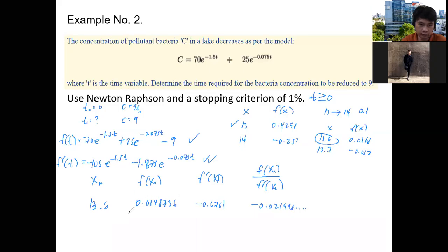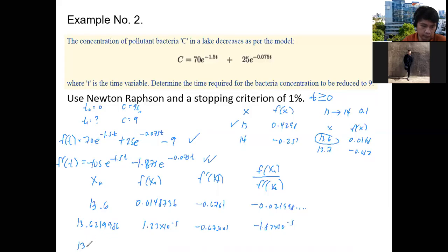So to obtain the next possible value of x, 13.6 minus the last column. So this will give us 13.6219986. So doing the same process, we can obtain the following, no? And last one, to obtain the next possible value of x, 13.6219 minus this value, negative 1.82 times 10 to the negative 5.